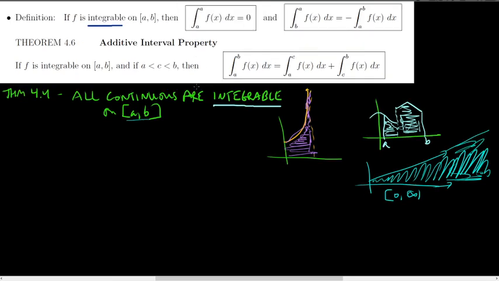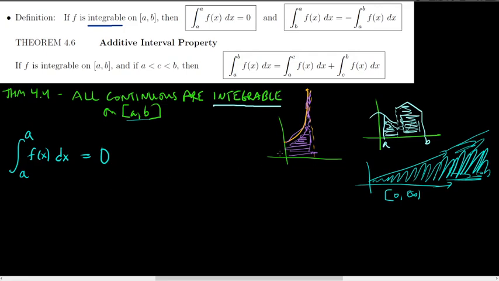Then if we take the definite integral from a to a, you just get 0. So the definite integral from a to a of any integrable function has to be 0.